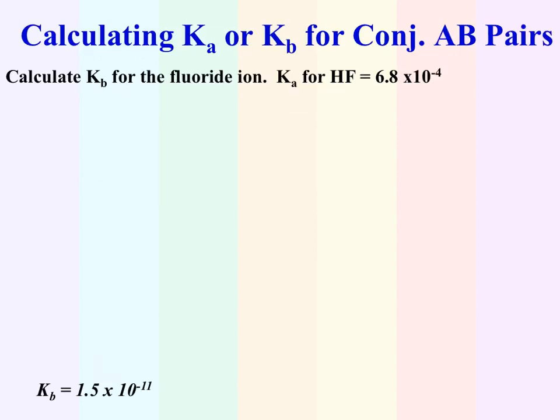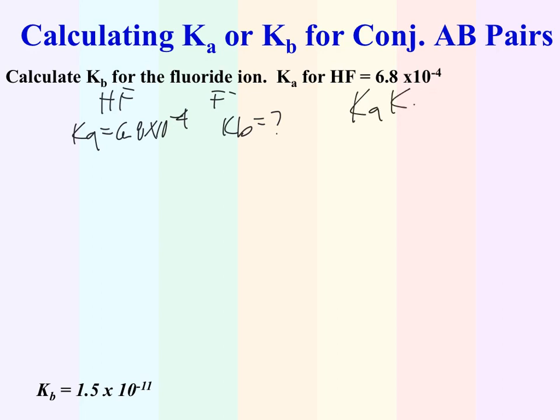All right, so let's calculate our Kb for the fluoride ion here. HF is the acid, so the conjugate base is F minus, the fluoride ion. They've given us the Ka of HF being 6.8 times 10 to the negative fourth, and they want us to calculate Kb. As we've been told, the relationship between Ka and Kb for conjugate acid-base pairs is as follows.